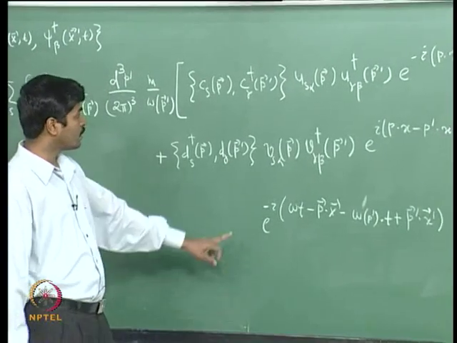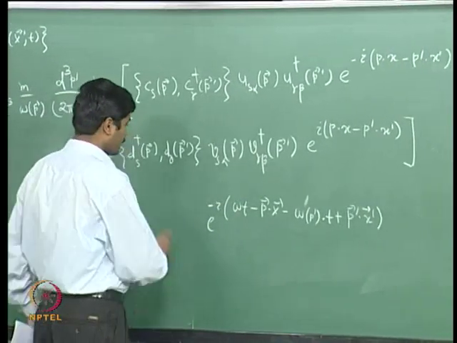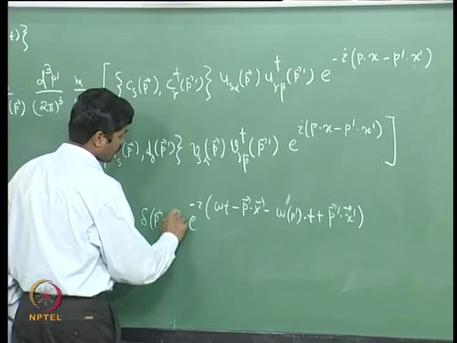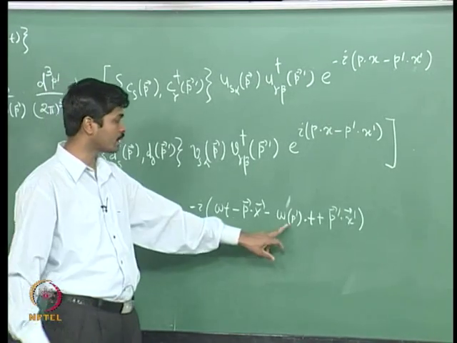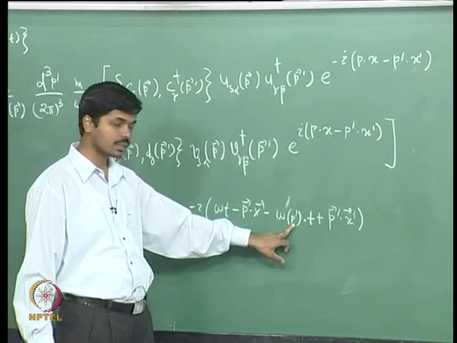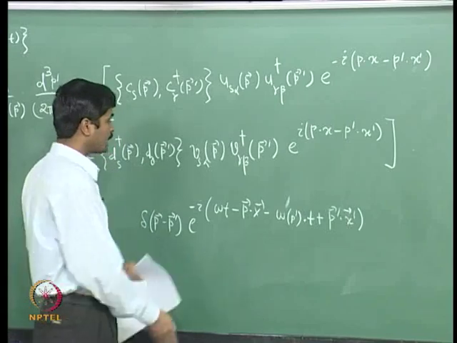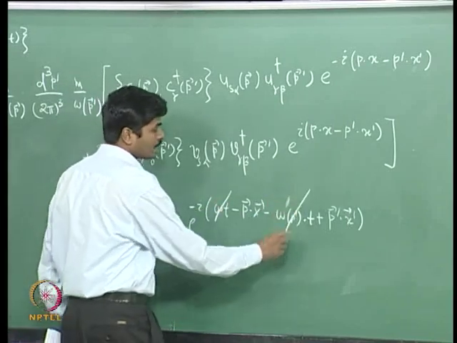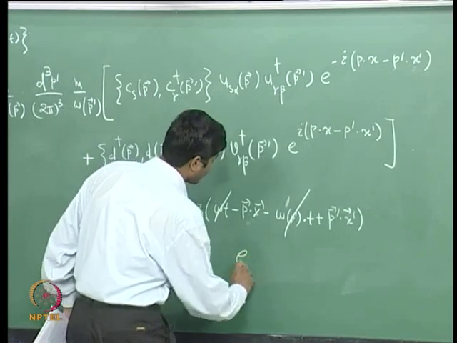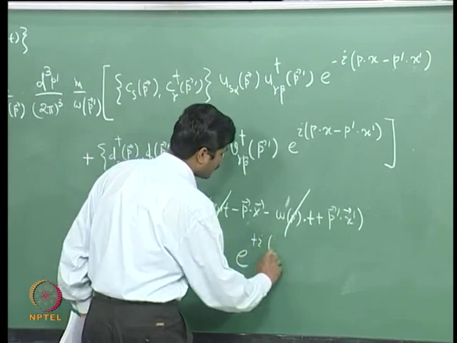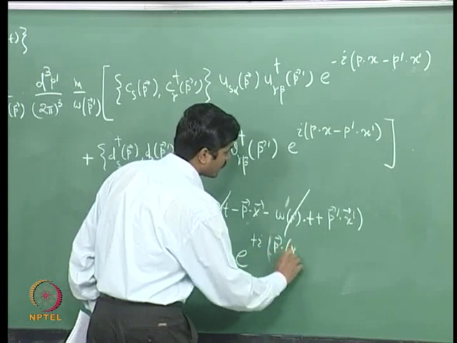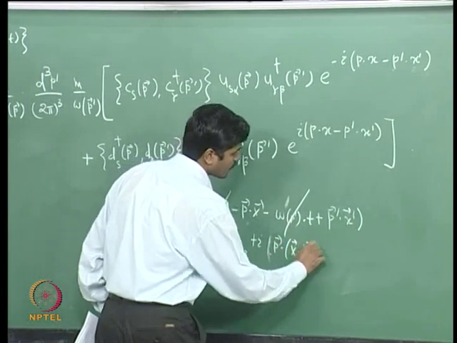Because the whole thing is multiplied by the Dirac delta of p minus p prime, I can substitute p in the place of p prime, then the t dependence will cancel from here and here. So, what you have is e to the power plus I p dot x minus x prime.